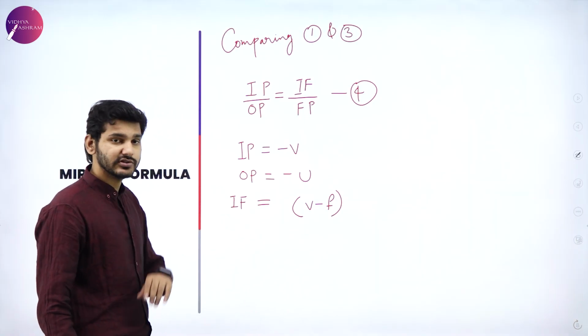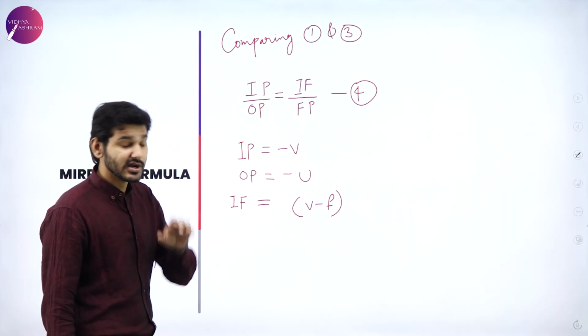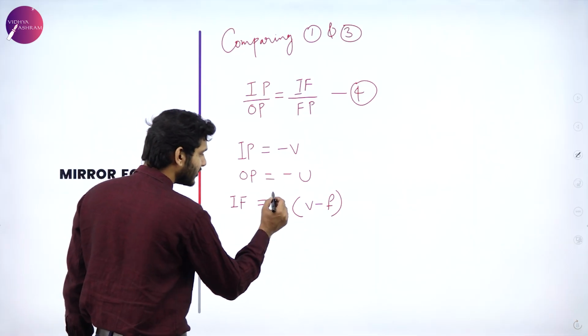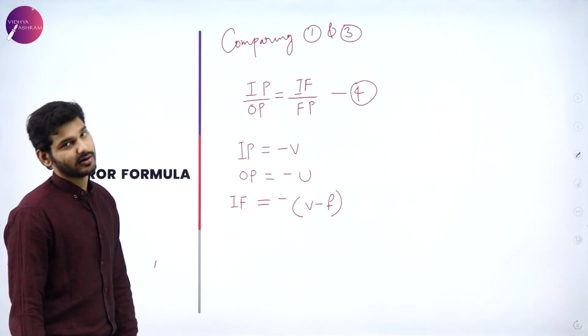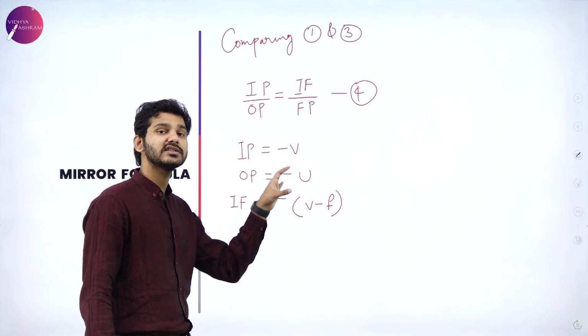If that is also true, then I can substitute all these values into this particular equation. Since this side is also on the left hand side, I'm going to add one minus sign here also. Don't worry, it all gets cancelled out in the end, but we still have to follow the sign conventions.